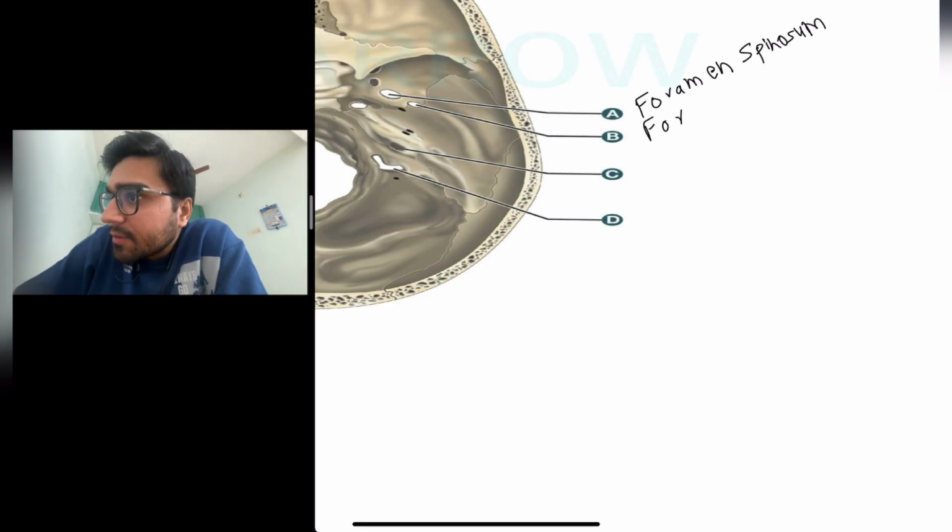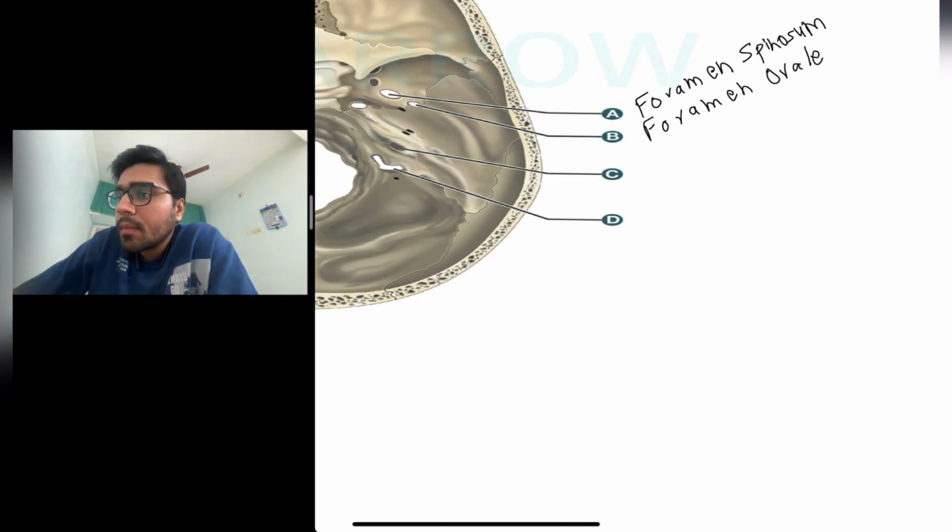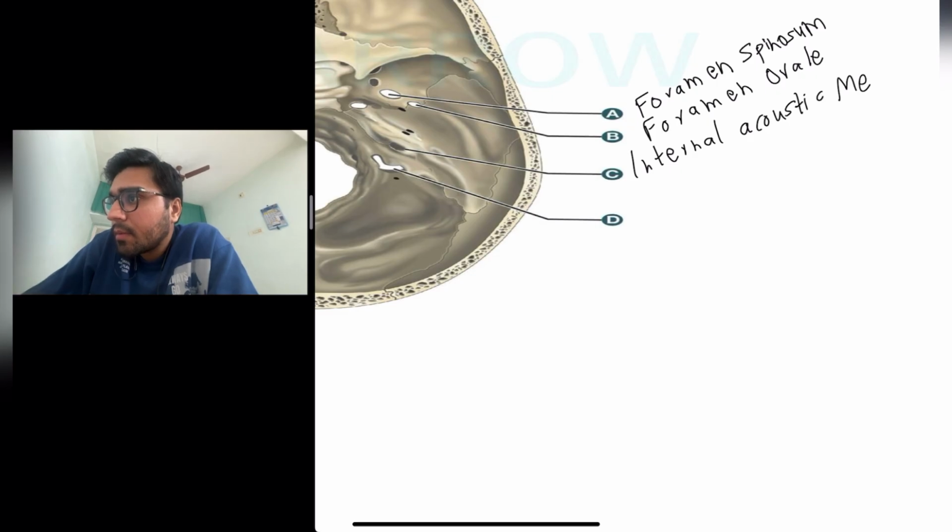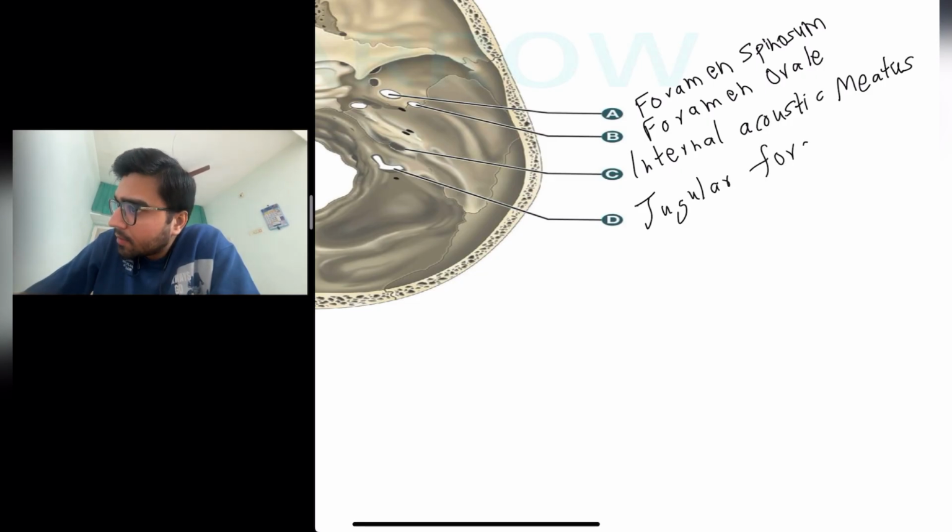The second one is foramen ovale. The third one is internal acoustic meatus, and the fourth one is jugular foramen.